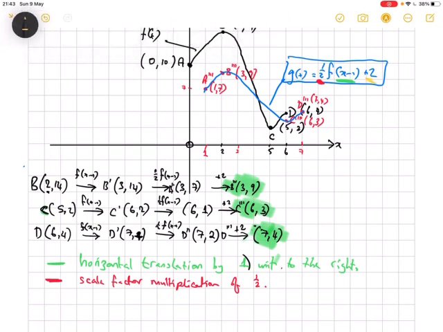So this plus 2 here in yellow, that is because it's moving 2 up in the y direction.